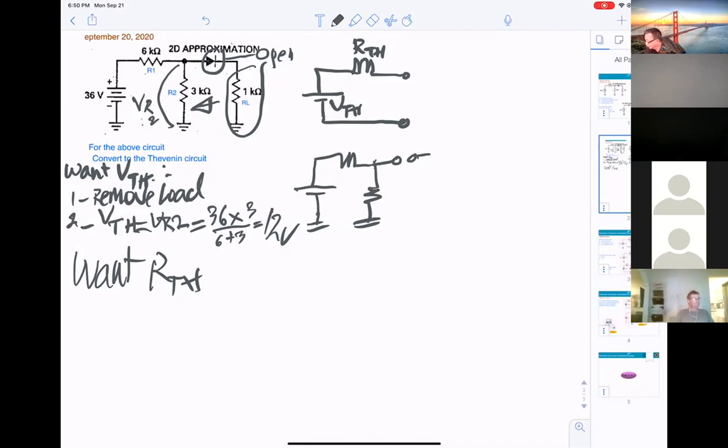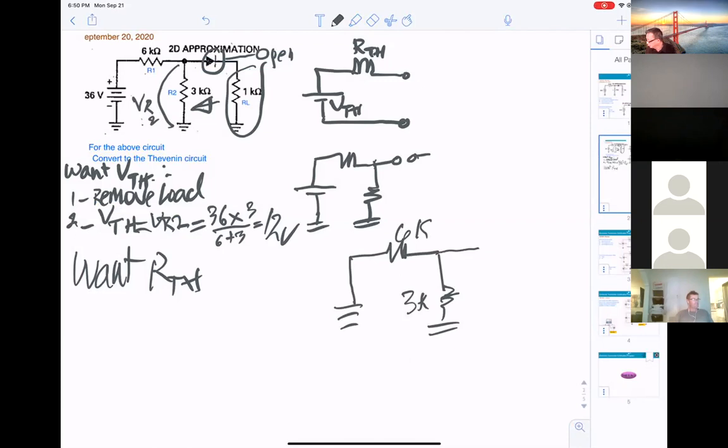So the circuitry now will look like you short the power supply and you get right here 6K and you going down here 3K, and that will be shorted.